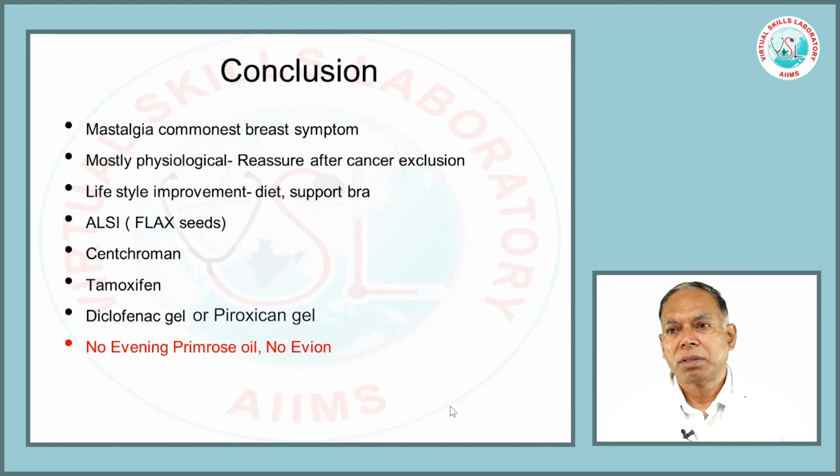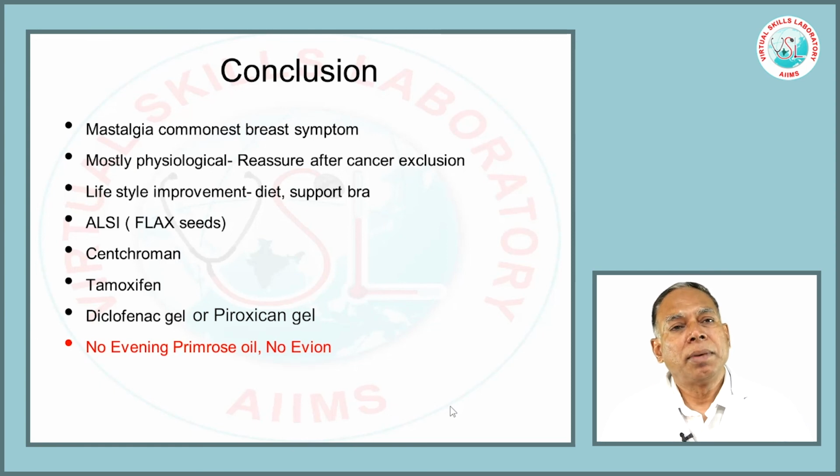In conclusion, we would like to tell you that mastalgia is the commonest breast symptom for which a lady presents in a breast clinic. It is mostly physiological, and reassurance and some supportive measures like lifestyle improvement, weight control, regular exercise, diet control, wearing a sports garment of appropriate size, using flax seeds help the majority of women.